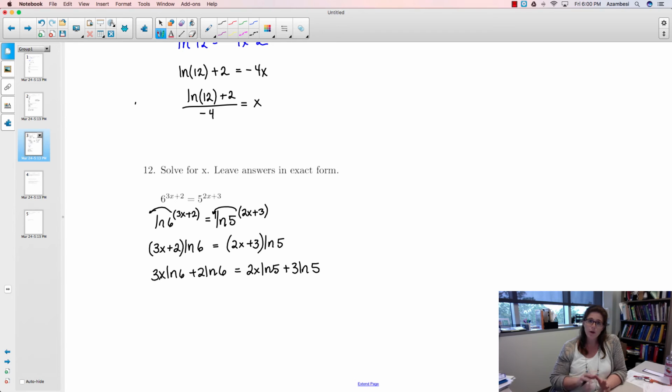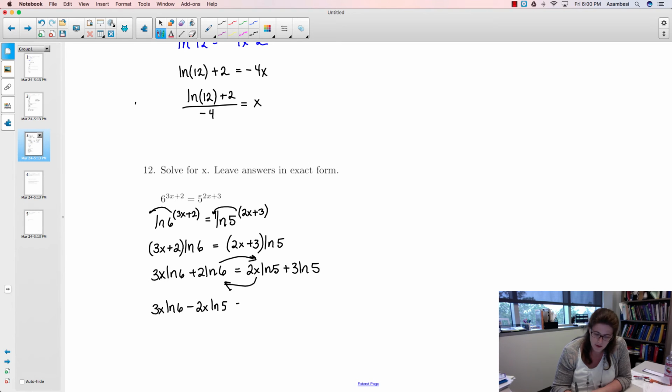So I'm going to reorder or regroup my stuff, and I'm moving this one over here and this one over there. So 3x ln 6 minus 2x ln 5 is equal to 3 natural log of 5 minus 2 natural log of 6.